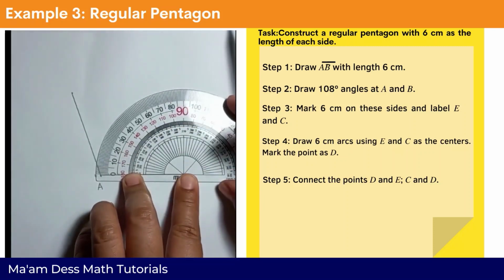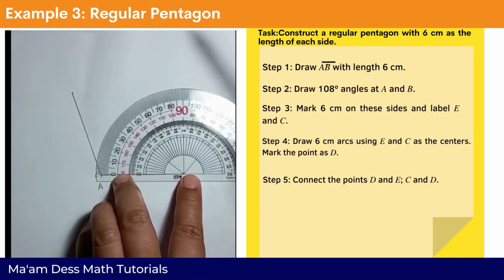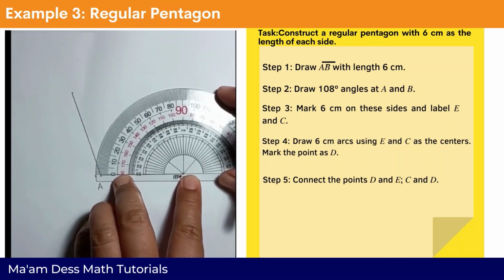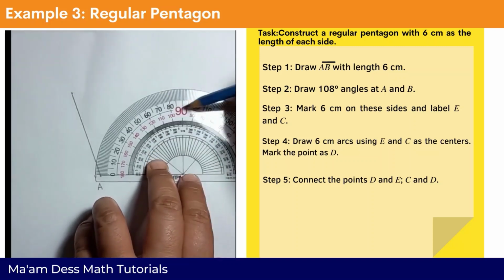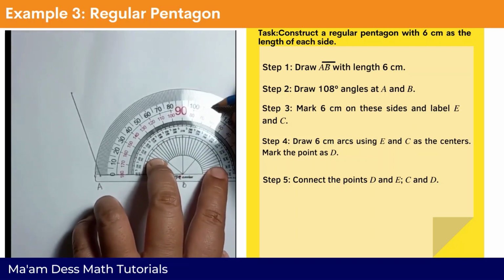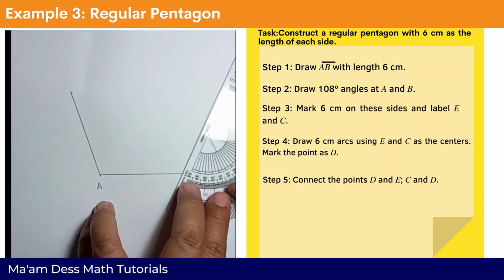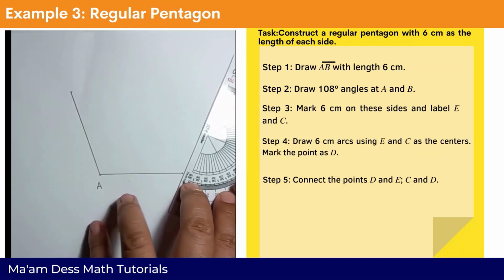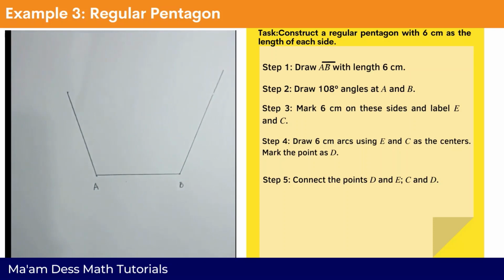So, from 0 again, pointing one side of your angle. And so 0, and then locate for 108. So, it is 110. Okay. 6, 7, and then 8. And then, connect the points. Okay, next.